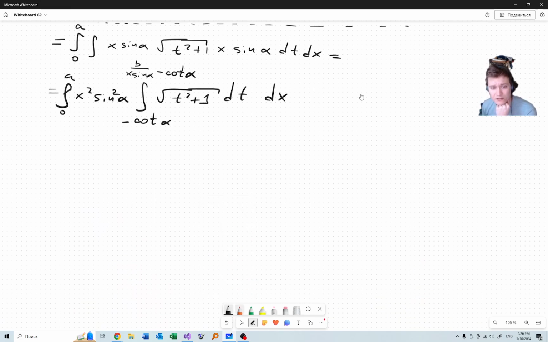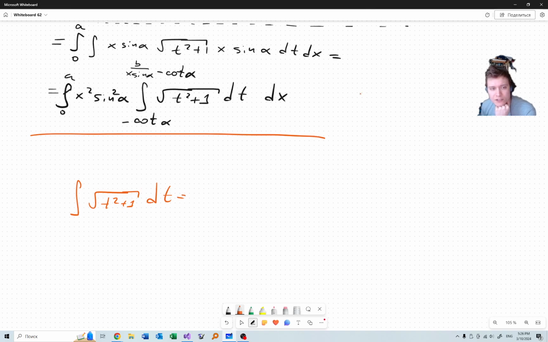To do it we need to find the antiderivative of square root of t squared plus 1, and I have already done it during the contest. Let's redo it again as fast as possible. So we know that when we see an integral like this, instead of t we want a hyperbolic sine.